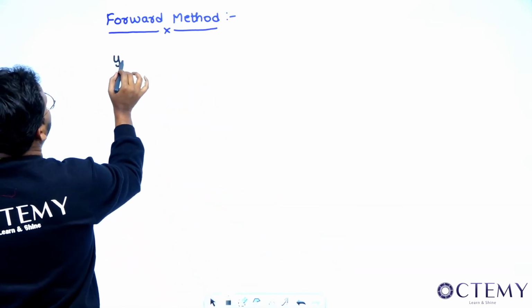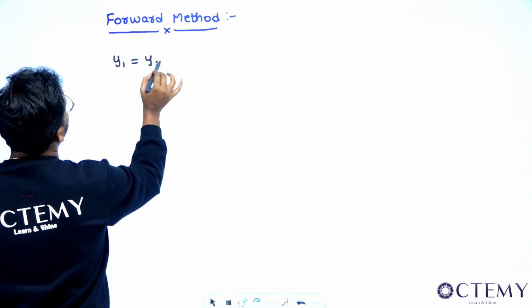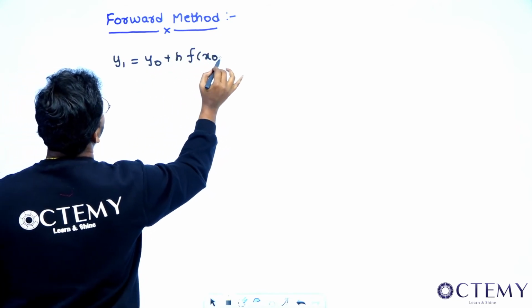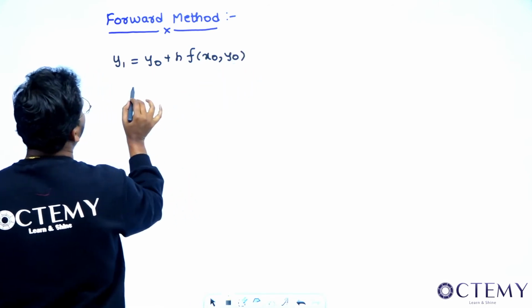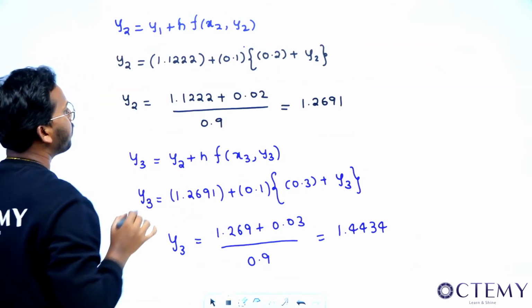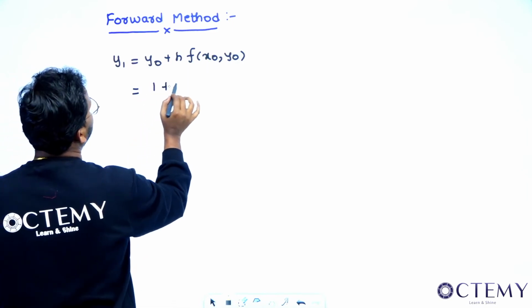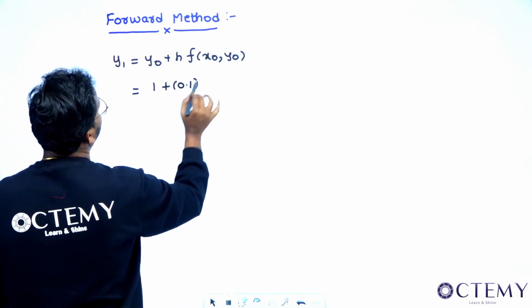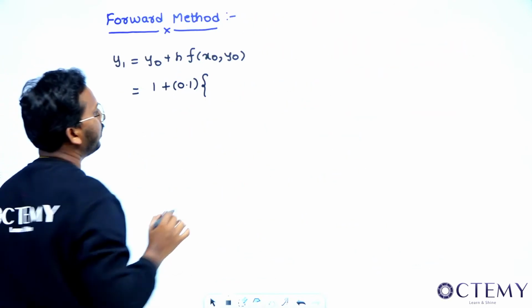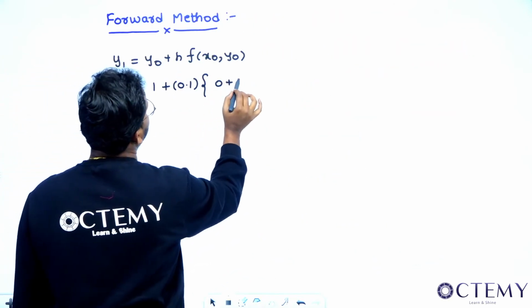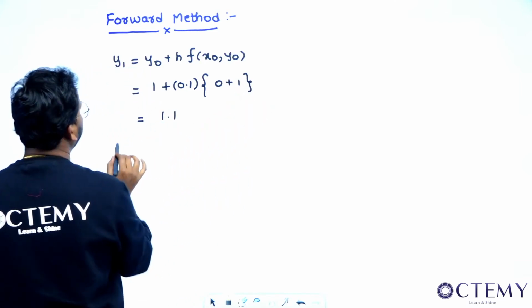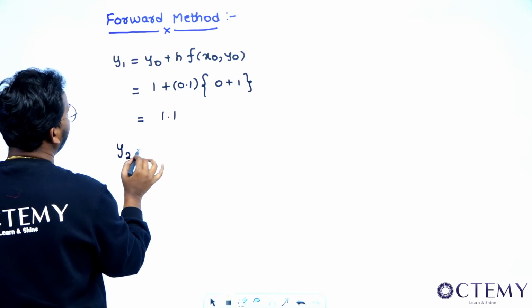Your y1 is equal to y0 plus h times f(x0, y0). The y0 is 1, plus h is 0.1 times x0 plus y0. What is x0 plus y0? That is 0 plus 1, that is 1. So that will become 1.1.